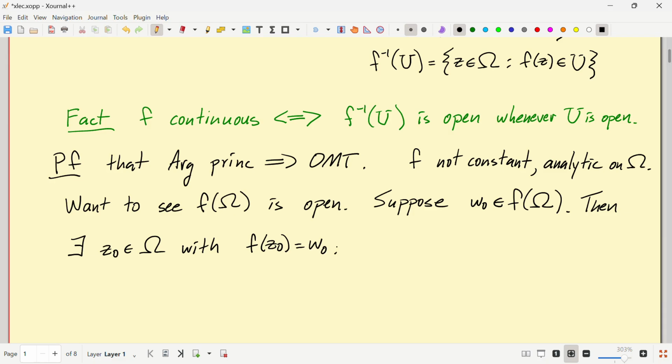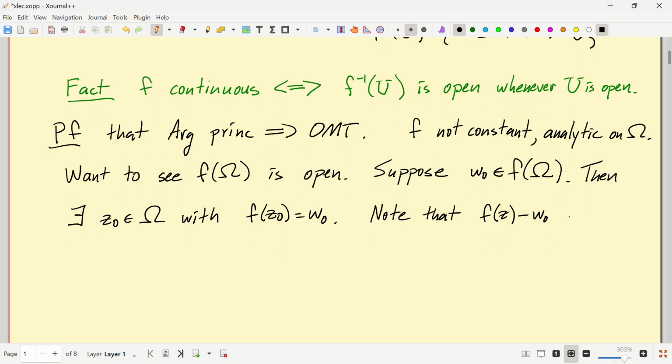Next, note that f of z minus w naught is not constant, because f is not constant. So the zero it has at z naught is isolated.